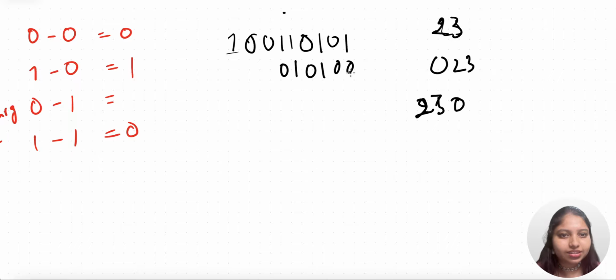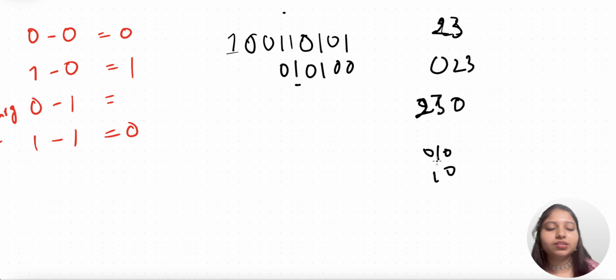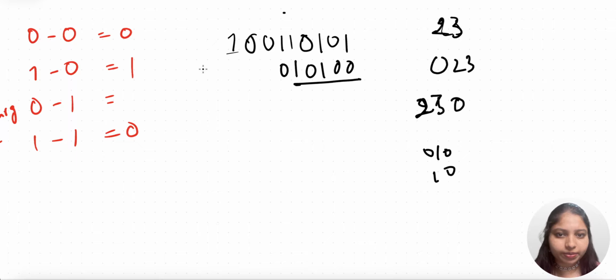So I'm adding a 0 to my left, not to my right, and that leaves the number unchanged. For example, 0 1 0 is the same as 1 0. It's the exact same number, I'm just adding a 0 to the left, so it's equivalent. So my number is going to be 10100. In order to subtract from the bigger value on my upper side, I'm adding some 0s to the left so that it's an equivalent size.